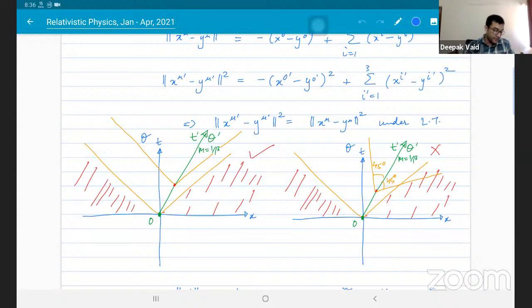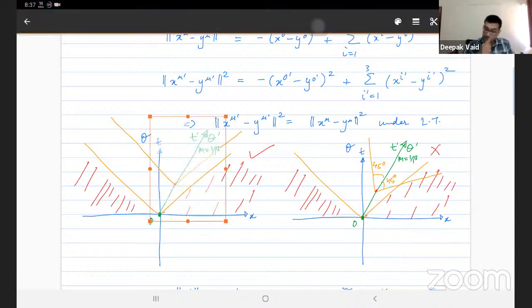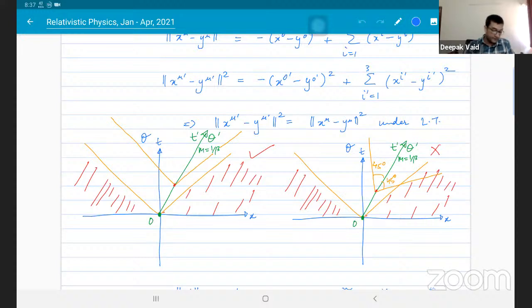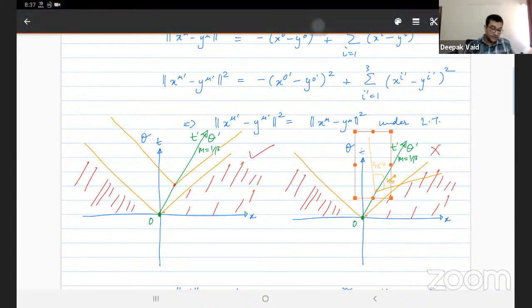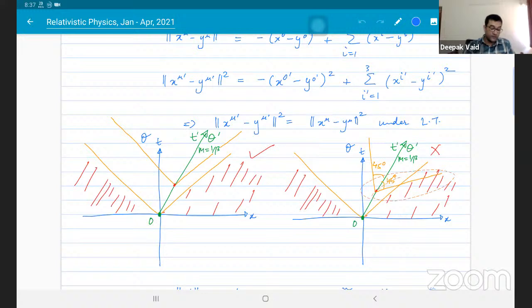And this also means that when I look at a moving observer, which is this green line in the figure on the left, and I ask what is the light cone of the observer moving along this green line, you might think naively that it is given by these lines rotated by an angle of 45 degrees.